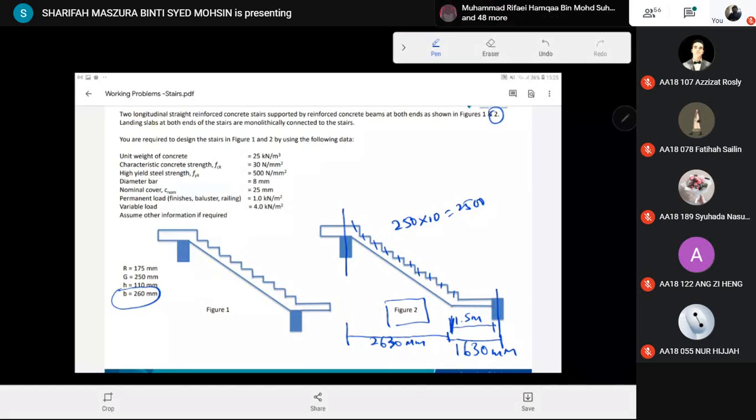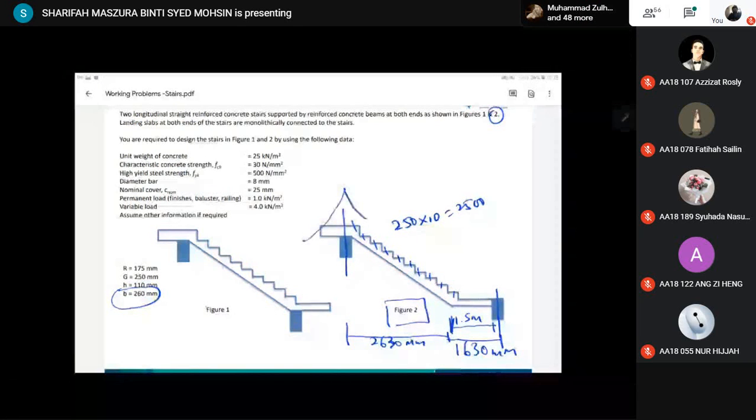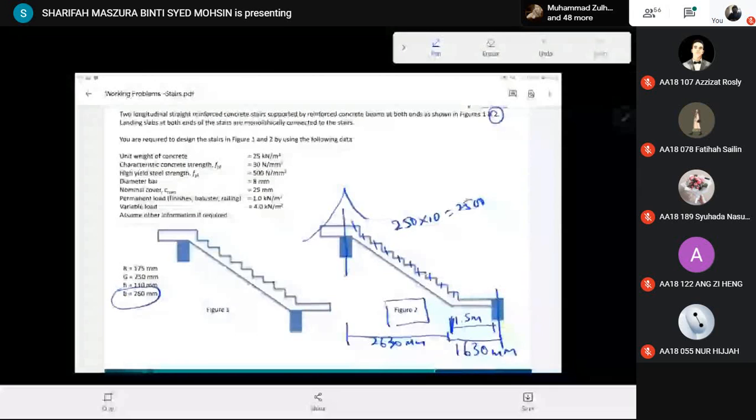The only thing is that we have moment here at the lower part of the staircase, there's no moment at the support. Okay. After the beam, there is no slab, so it's not continuous after the beam.